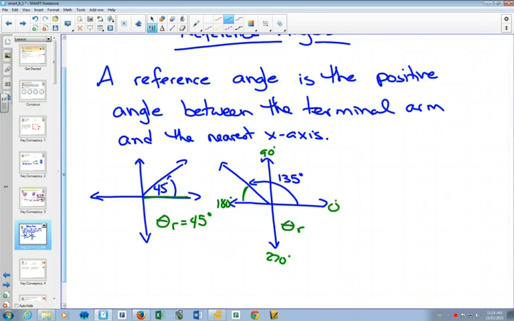Don't forget the degree signs. If you know it's 180 all the way to this x-axis, it's not hard to figure out. If I want to know how big that reference angle is, it's just going to be 180 degrees minus the 135, and that will give me what's left, which is 45 degrees again. So both of those angles have the same reference angle.